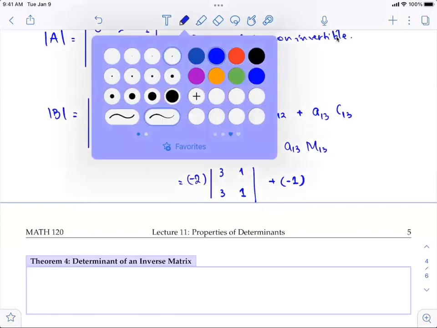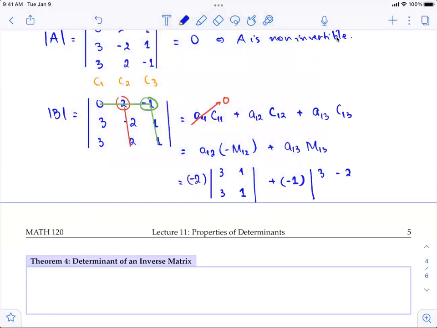You're left with 3, -2, 3, +2. And if you do the calculations correctly, you get -12, which is different from 0. And you can say that B has an inverse matrix, so this implies that B is invertible. All right.